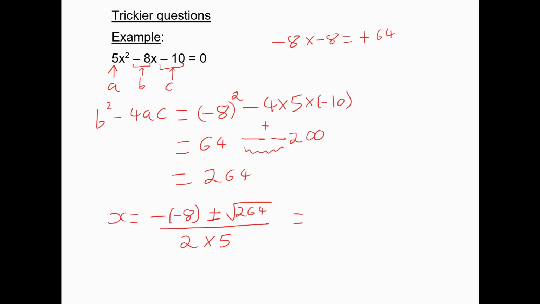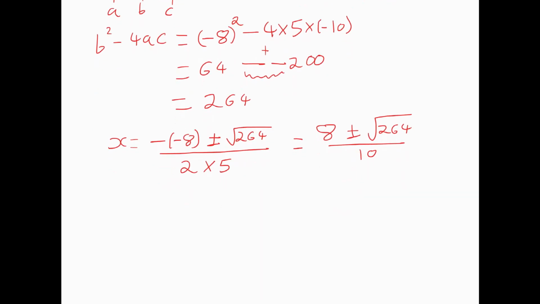We have minus minus 8 is plus 8, plus or minus root 264 over 10. So we end up with x equals 8 plus root 264 over 10, or x equals 8 minus root 264 over 10.